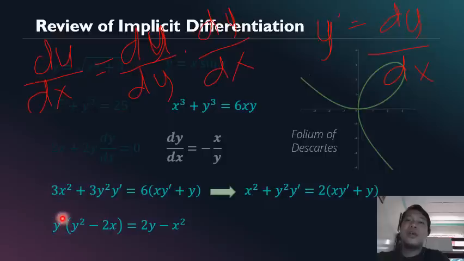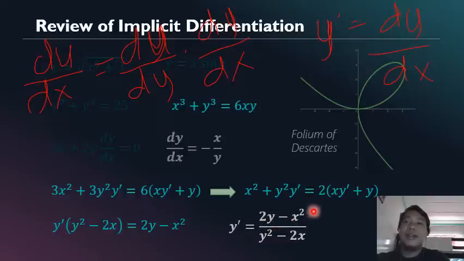So pwede na natin siyang kuhanin by dividing both sides of the equation by this term. Now, dividing both sides by y squared minus 2x, we will get the final expression for y prime, which is equal to 2y minus x squared divided by y squared minus 2x.